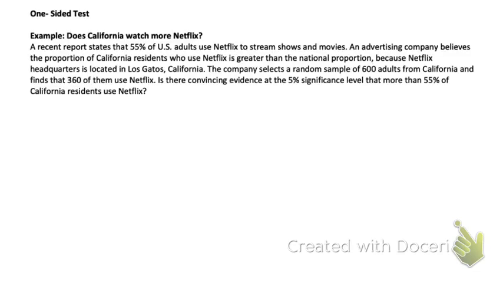California is what our example is about. We are going to do a one-sided test. Does anyone have any thoughts on what that might be? A one-sided test. There's not two sides.